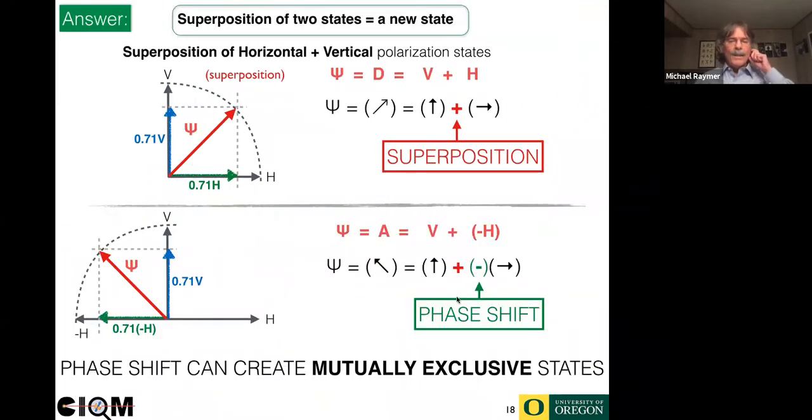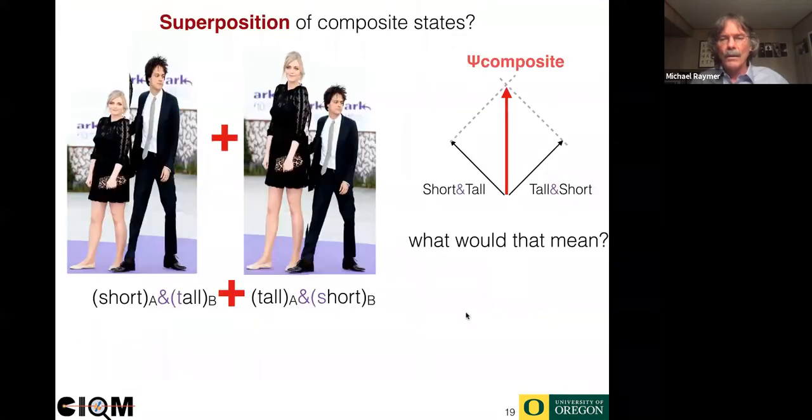So this just summarizes one of the possible answers, the A one. So A is this arrow pointing off to the left, like that, and it's a V plus minus the H. So we put a phase shift in here. And you can write it this way, minus H, or you can write the arrow and then say there's a phase shift on the arrow, which would flip the arrow to the other direction.